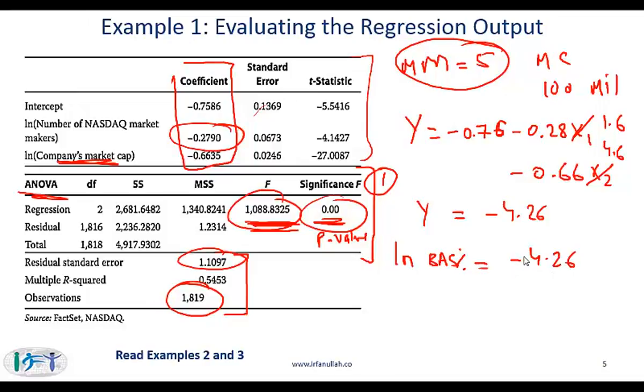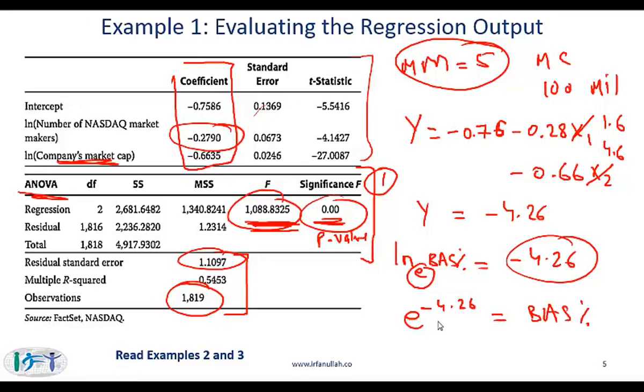And if you remember your basic class 10 maths, natural log means that you have base e, and then e to the power of, so e to the power of this number minus 4.26 is equal to the bid ask spread percent. On your calculator you do e to the power of this and you should get 0.0141. So this is equal to 1.41%. So this is powerful.